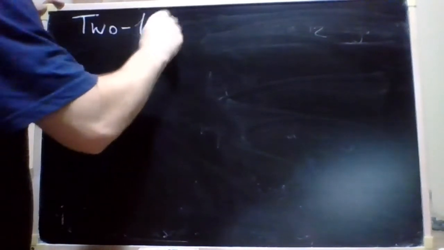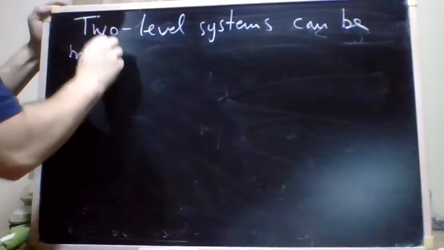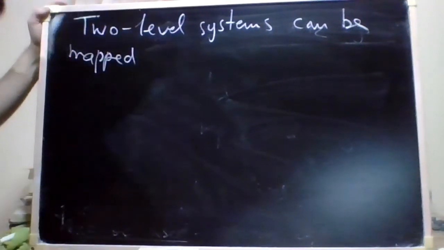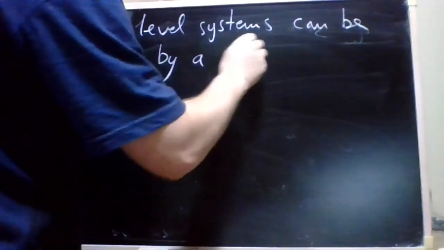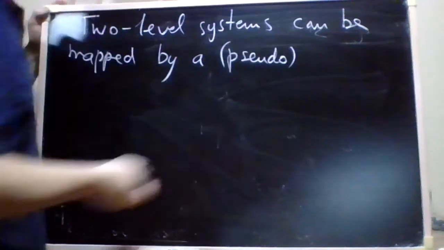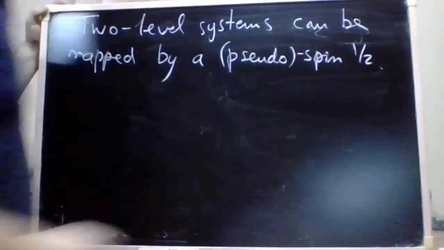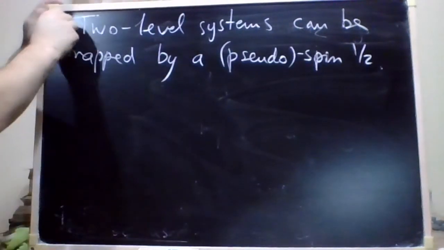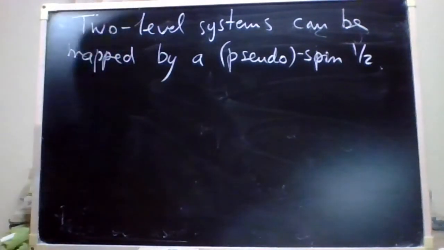So two-level systems can be mapped, can be described or modeled by a pseudo spin 1/2. Okay, so that's the importance of studying the dynamics of a spin half.